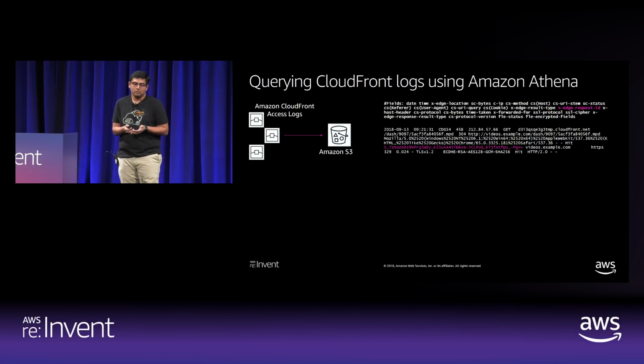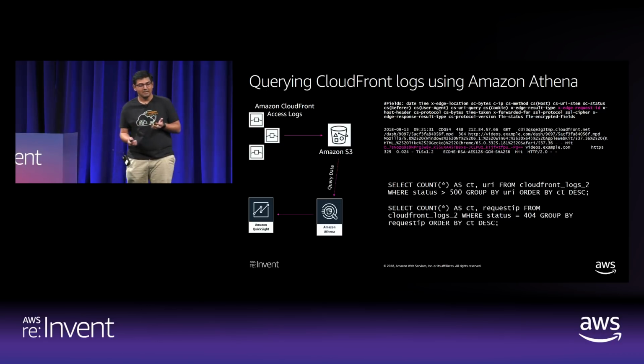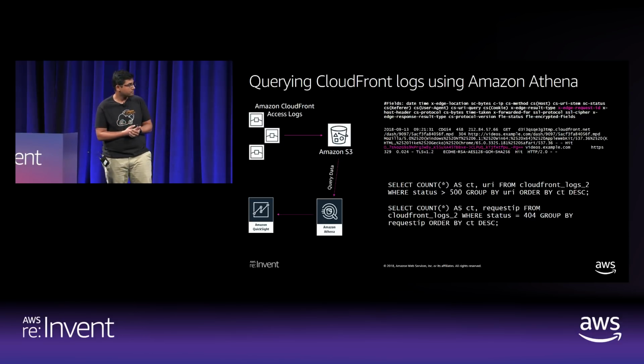So given the scale of lots of customers like Prime Video, there can be lots and lots of logs. So it's probably tedious to go through all of them, and it helps to have a tool like Amazon Athena. For instance, this is just one tool, but many partners also have built tools to take these logs and digest them and create nice dashboards, whether that can be in Amazon QuickSight or in any other partner tools.